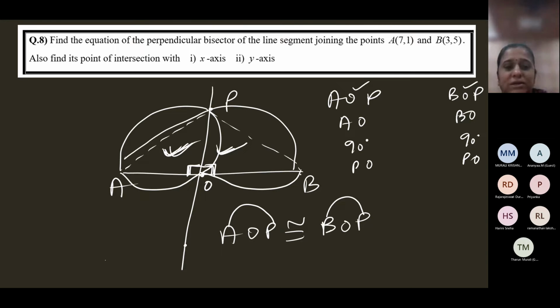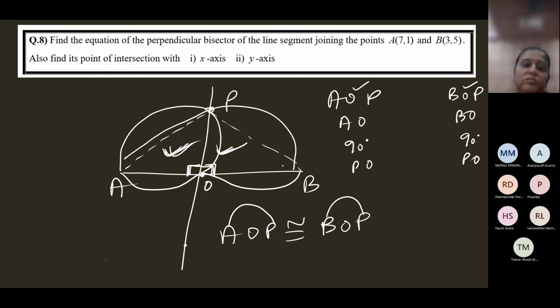PA is equal to PB, right? So A and B are the ends of the line segment. And P is any point on the perpendicular bisector. Any point on the perpendicular bisector is equidistant from the ends of the line segment, because PA is equal to PB.